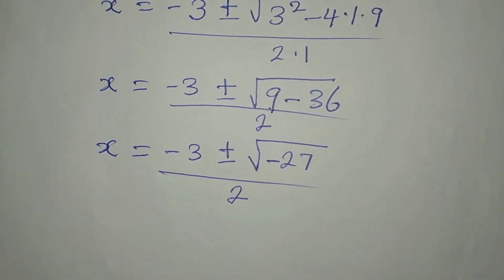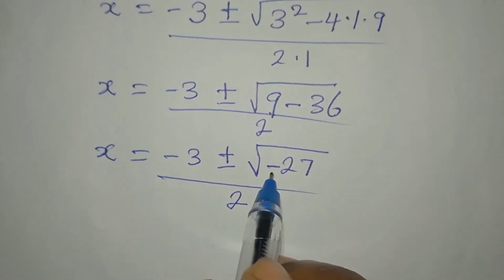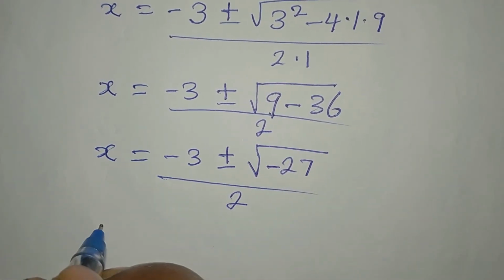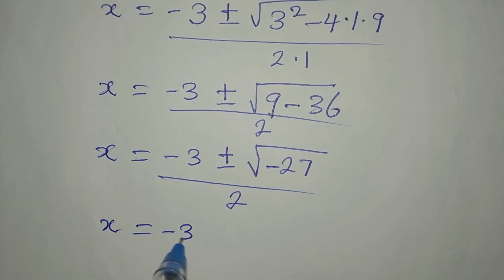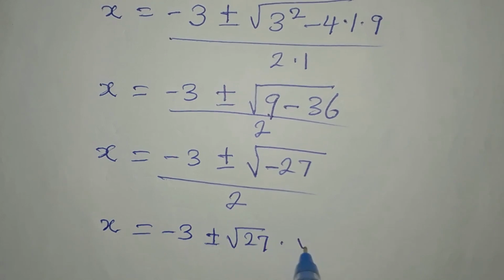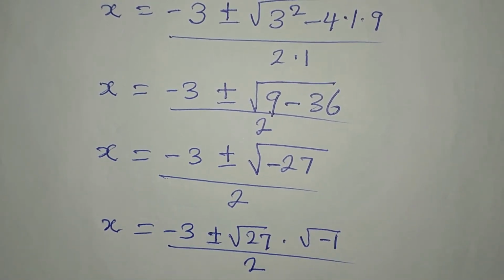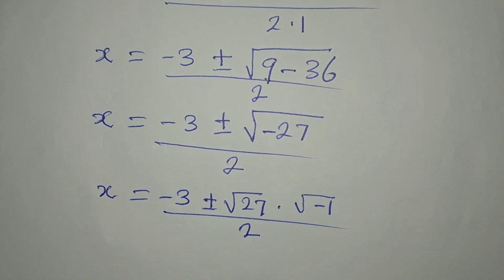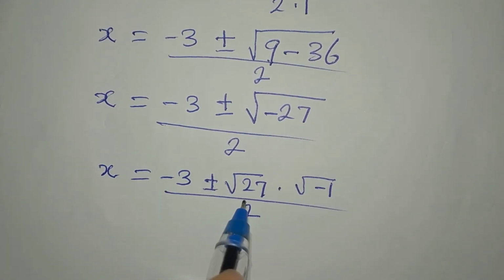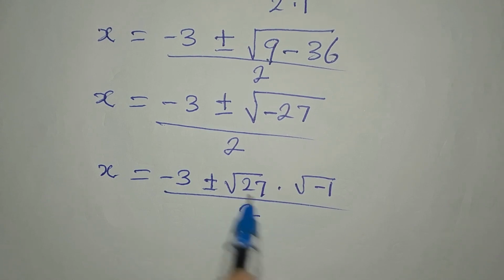Mind you, we are going to have a complex solution because of this negative square root. X is equal to minus 3 plus or minus square root of 27 times square root of negative 1, divided by 2. What I have done is to pick out the negative from here so that even if we want to press our calculator, we can get the value of root 27.